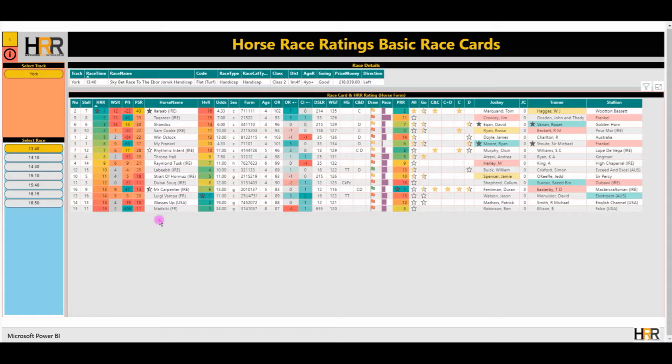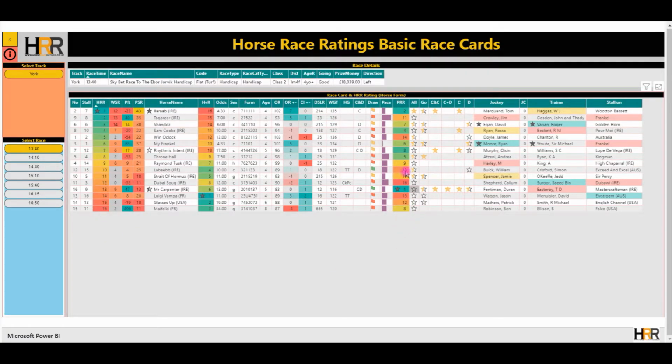You then have the horse name, which also has 3 stars. One is full, one is half full, and one is empty. This gives you the horse performance rating, which is the PR. This is the performance race rating of the horse only, and I'll explain that shortly, plus the overall HRR rating.